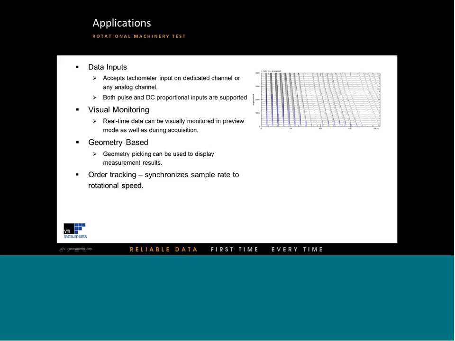There's an order tracking option that synchronizes the data acquisition sample rate to the rotational speed, and then really the data acquisition at that point is working in terms of orders rather than equal time intervals. The sample rate is samples per revolution rather than per unit time.